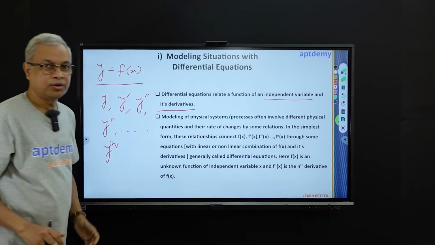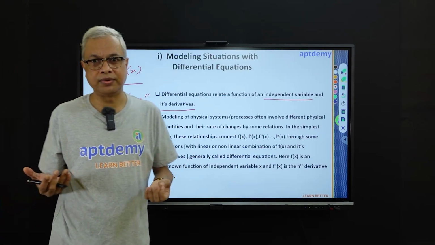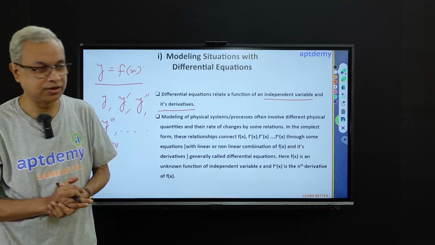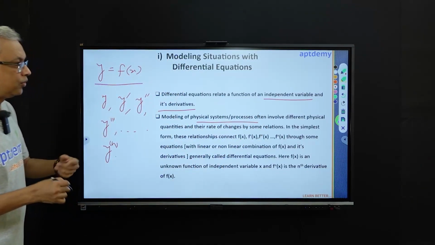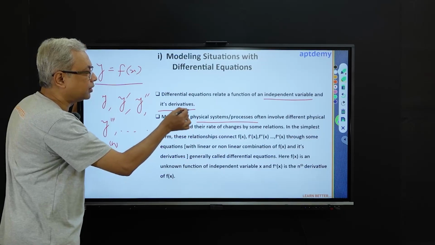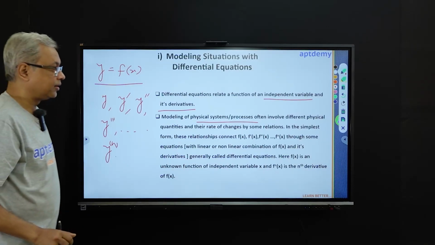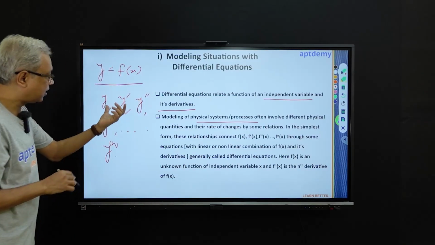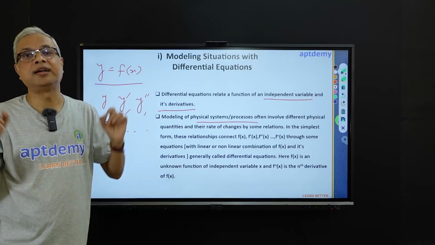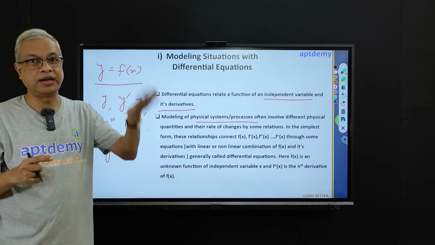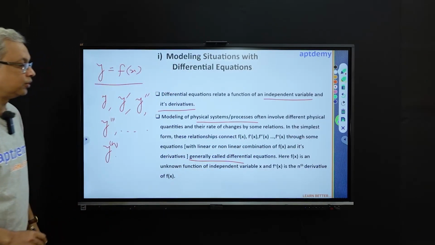Generally, when we model physical systems or processes in science, physics, mathematics, chemistry, engineering, technology, the modeling requires involvement of different physical quantities and their rates of change. These rates of change are connected by equations which involve the unknown functions and their derivatives, maybe first derivative, second derivative, nth order derivative also, and these equations are called differential equations.